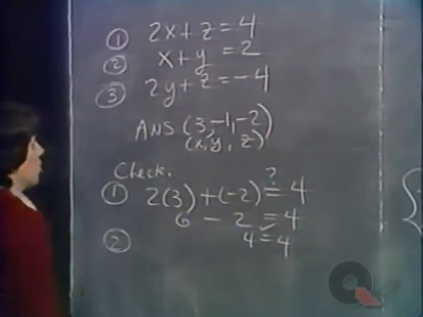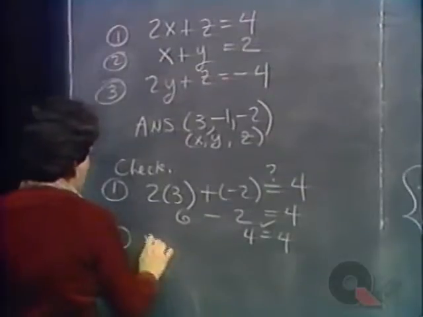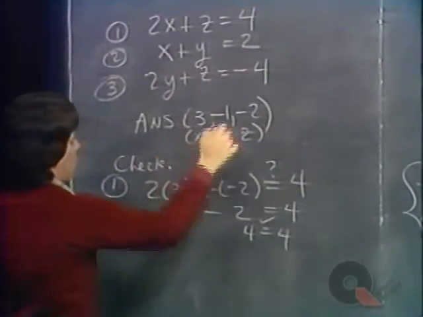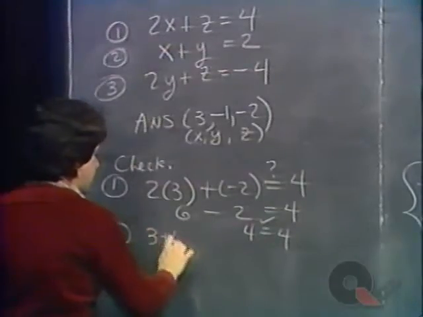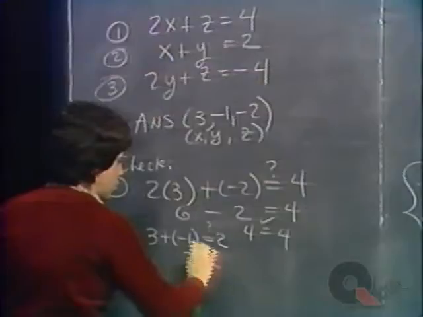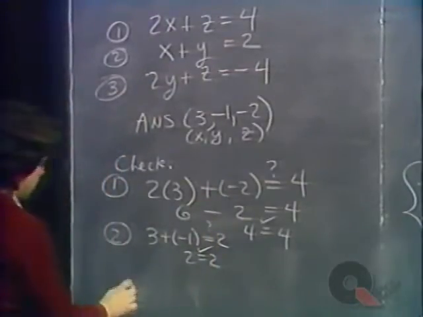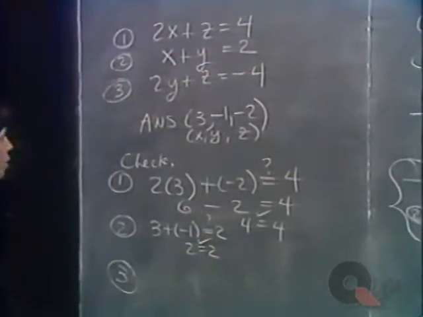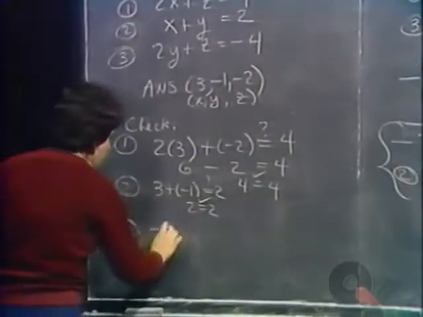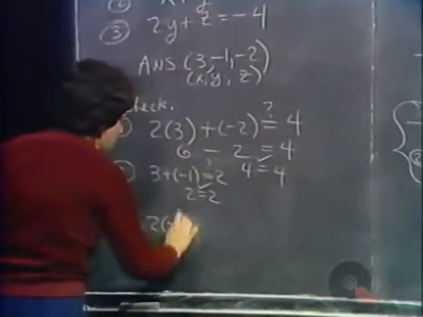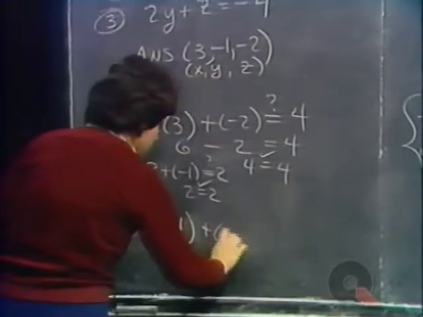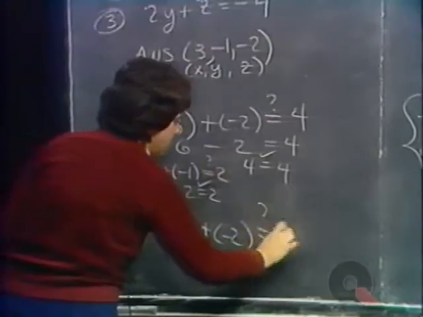In equation 2, x plus y should be equal to 2. x plus y, that's 3 plus minus 1, should be equal to 2. 2 equals 2, and that checks out. And finally, in equation 3, 2y plus z equals minus 4. 2 times y, or 2 times minus 1, plus z, plus minus 2, should be equal to minus 4.